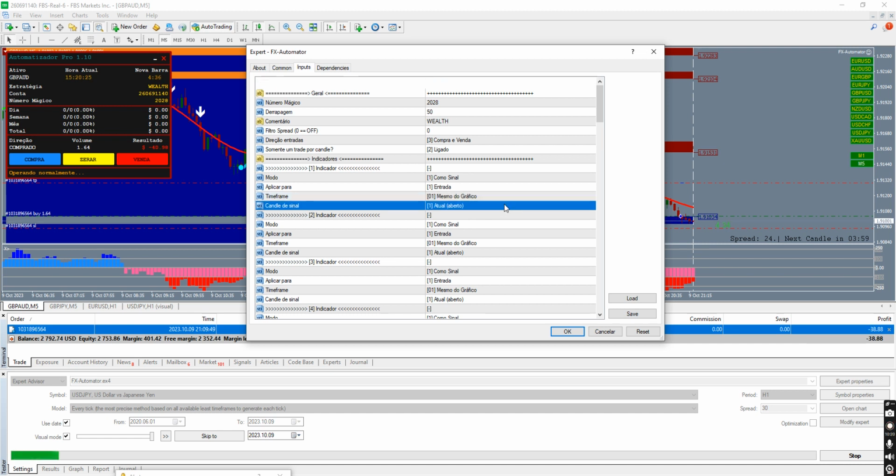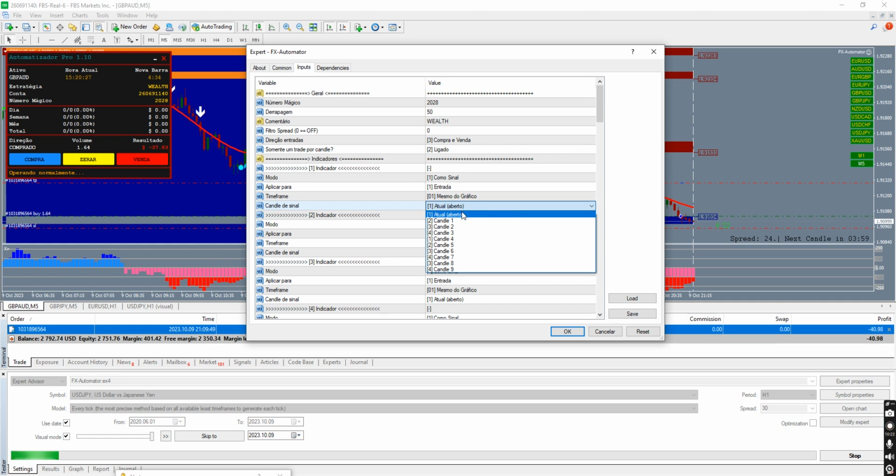Here you have the same candle. You want this to be the candle of signal, the same candle. After this, the trade will start. If you put it on the first one, which is here, it's going to trade immediately when these signals appear. If you put it on 1, it's going to trade after this signal.